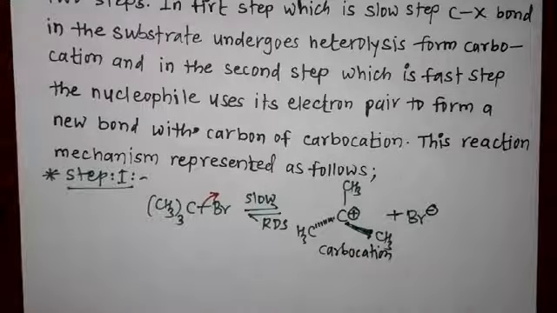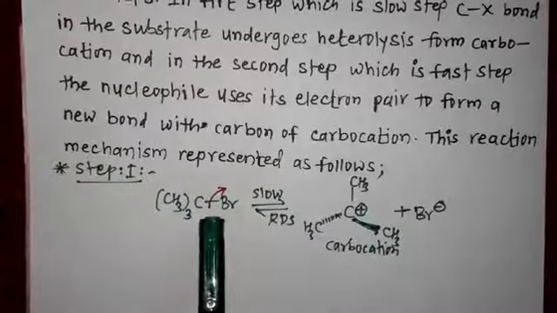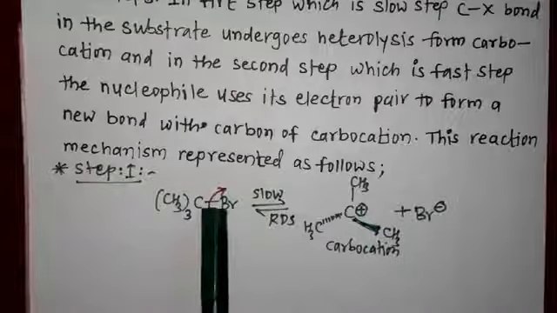The species in which carbon carries a positive charge is called a carbocation and it is an intermediate. Intermediate means the unstable species formed during a chemical reaction. This bond breaks heterolytically.